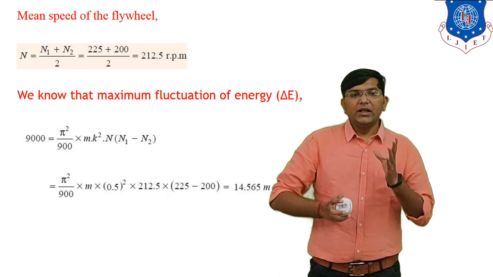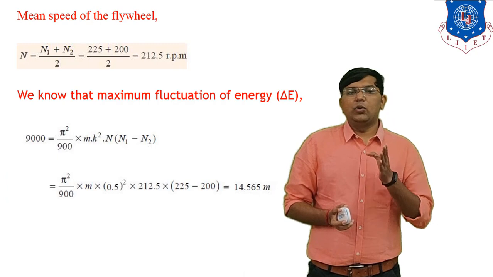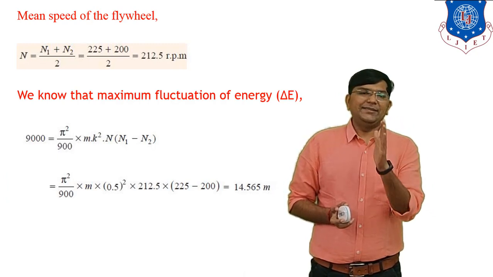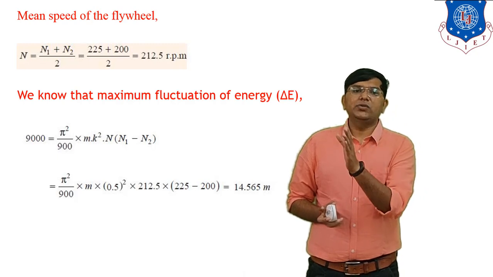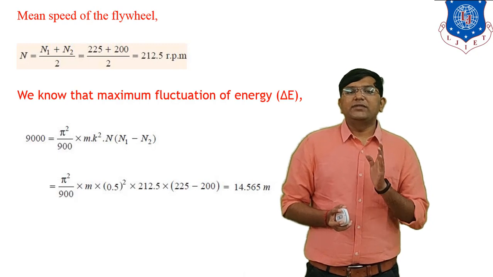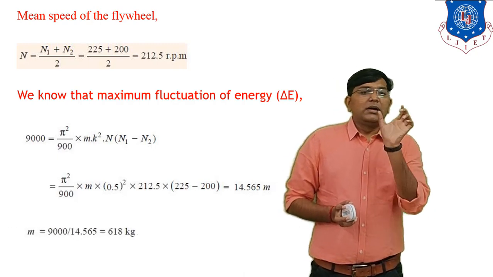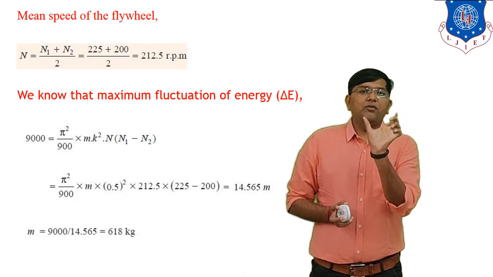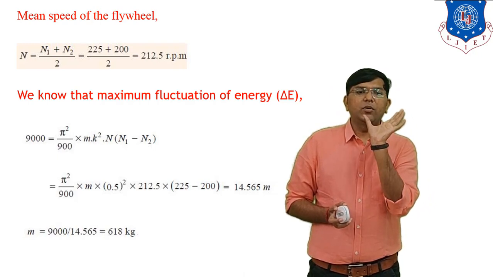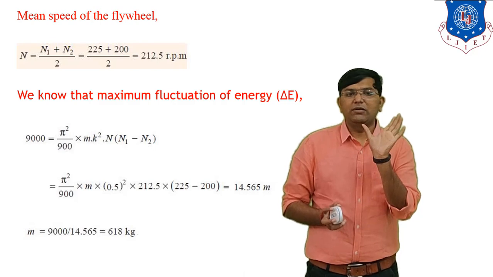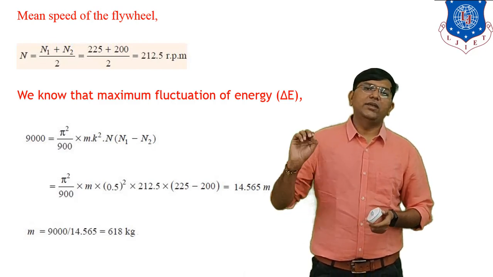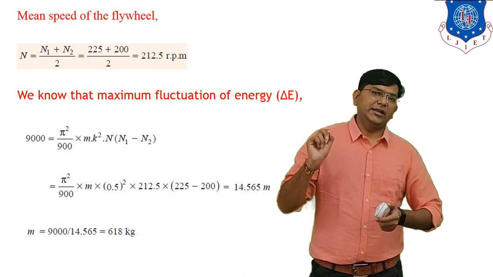So pi square upon 900 into m, 0.5 radius of gyration, 212.5 mean speed, and 225 minus 200, that is n1 and n2, is equal to 14.565 m. Now you have to calculate the value of mass using this equation. So m is equal to 9000 upon 14.565, which is 618 kg. This is the value of the mass of the flywheel, that is 618 kg.